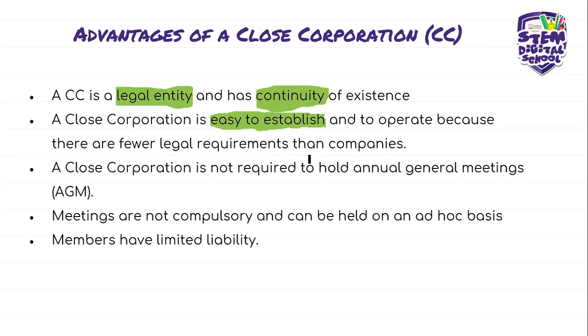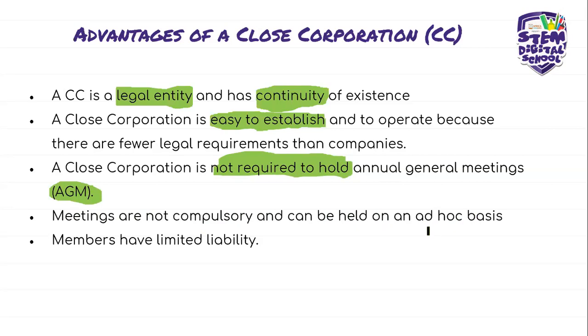A close corporation is not required to hold an AGM. That's another good thing. Not required to hold your AGM. Meetings are not compulsory and can be held on an ad hoc basis.